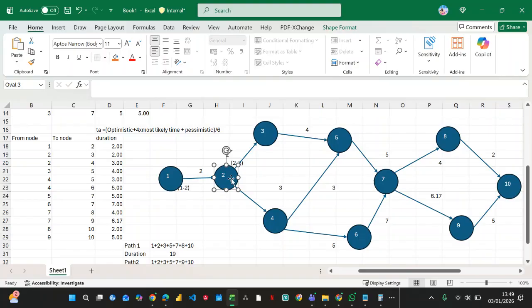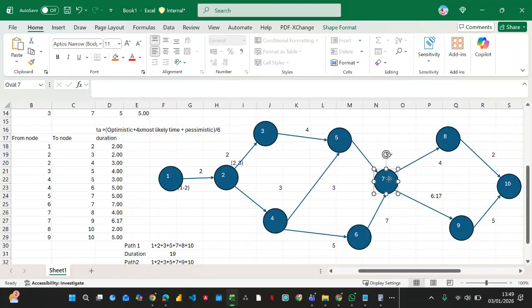Now we go from 1 to 2, right? So we are now going to 4. We are now going to 3. We now go from 1, 2, 4, 5, 7, 8, 10. Okay.